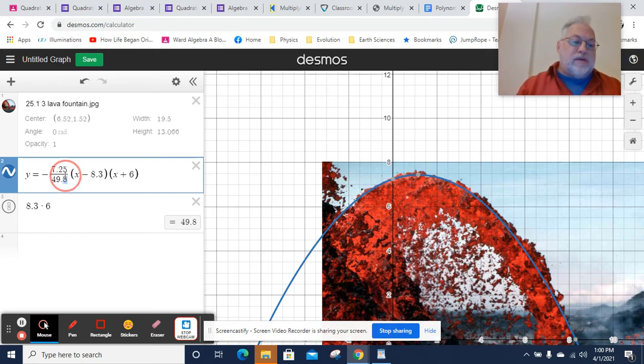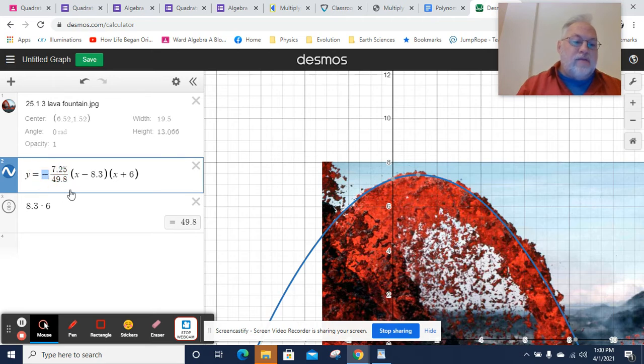So I had to come up with a scaling factor to make the parabola smaller, as small as this parabola is compared to what my basic parabola was. And I figured out, okay, that's what I want my y-intercept to be. 49.8 was what my y-intercept was once I made this little adjustment. Of course, I had to make it go down.